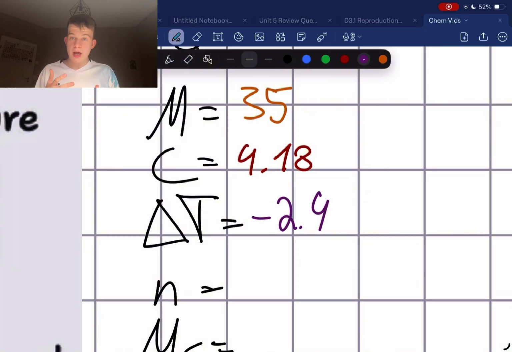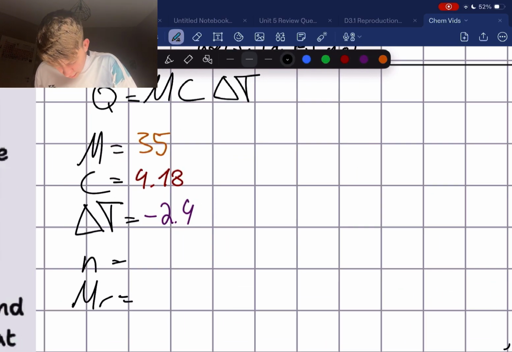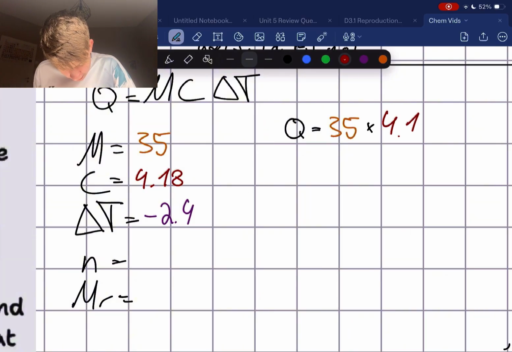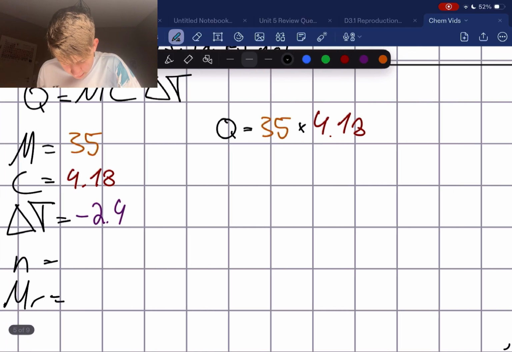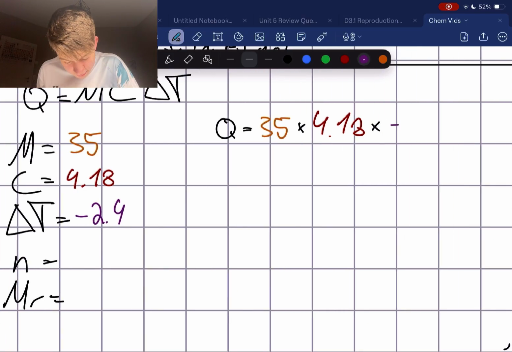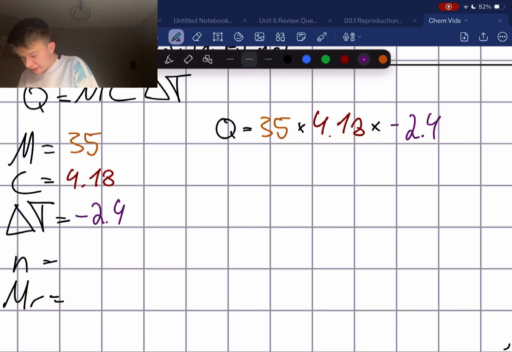Okay, so now we have Q equals MC delta T. Let's now calculate it. So Q equals 35 times 4.18 times negative 2.4. So you put in the calculator, 35 times 4.18 times negative 2.4.